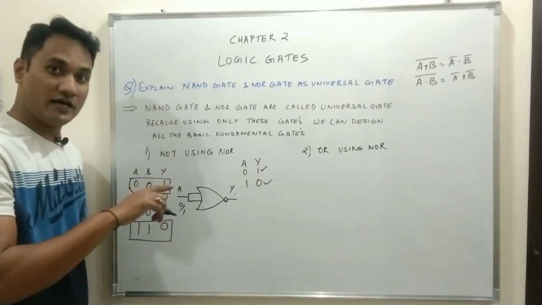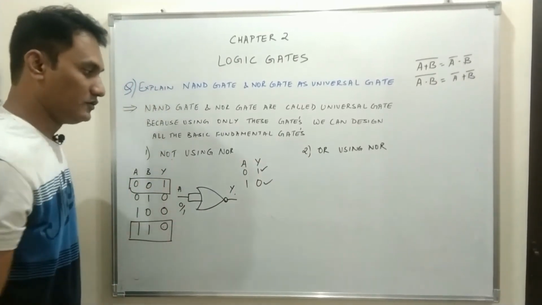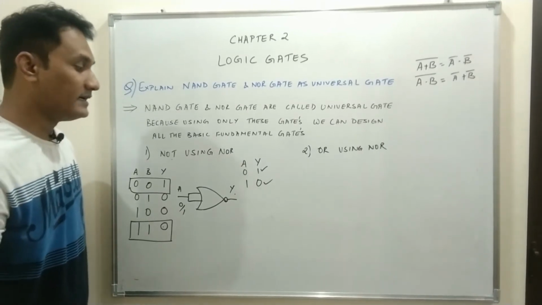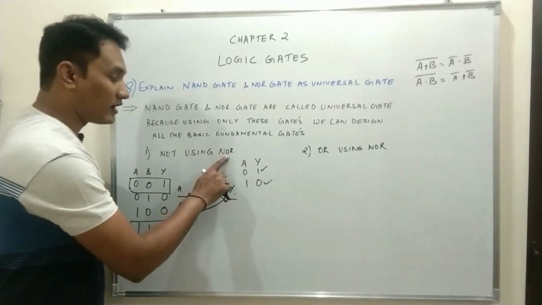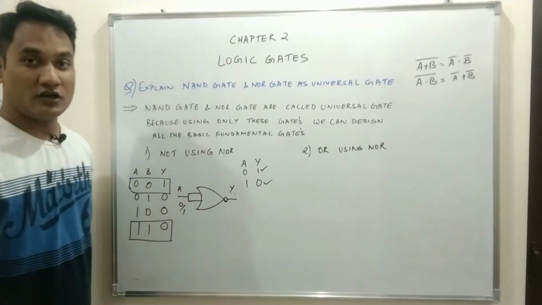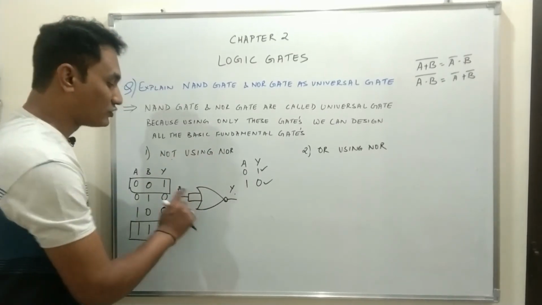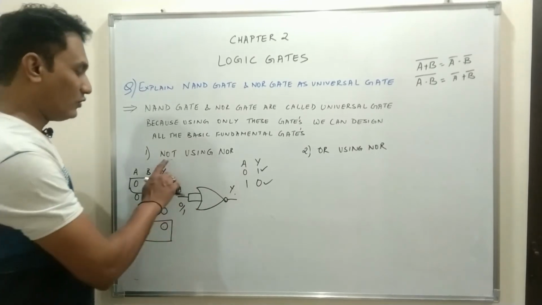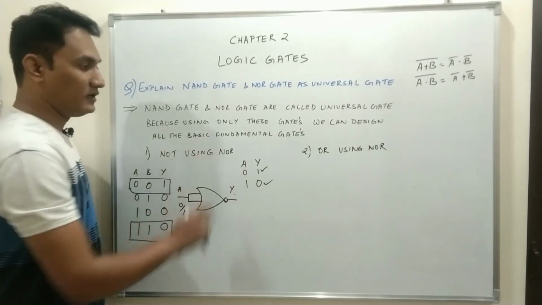So when you give 0 as input, you get 1 as output, and when you give 1 as input, you get 0 as output. That means NOR can be used as a NOT gate when both the inputs of this NOR gate are connected together. So this is how a NOT gate can be designed using NOR gate.